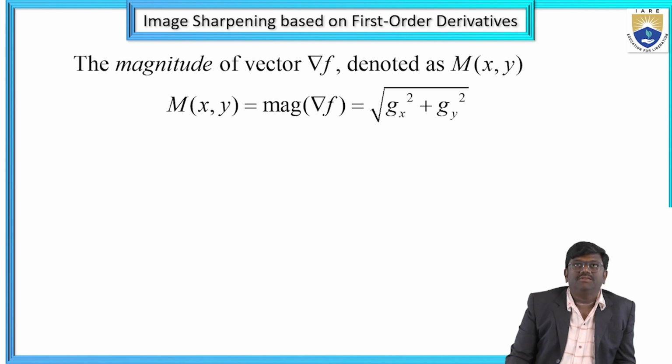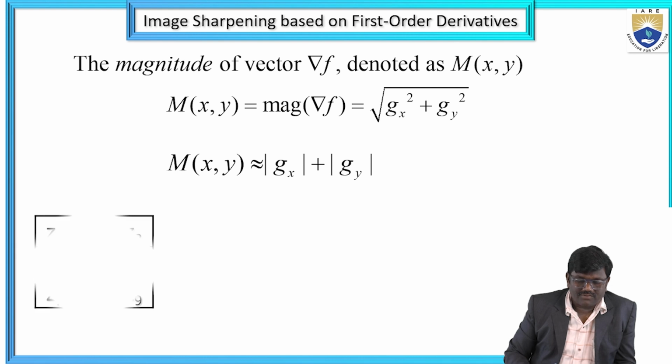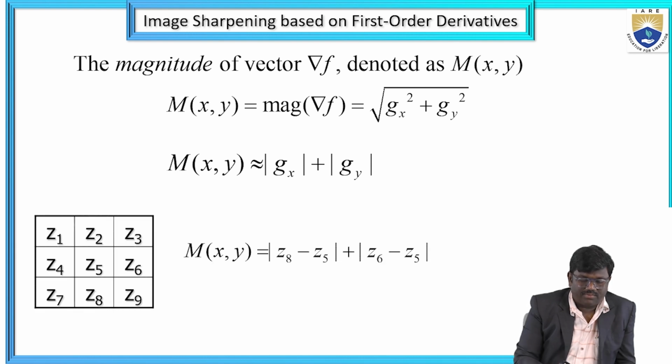The magnitude of this vector, the gradient of f, is denoted as M of x comma y, where M is the magnitude of the gradient of the object function. It is simply calculated as the square root of gx squared plus gy squared, which helps us get the required image.